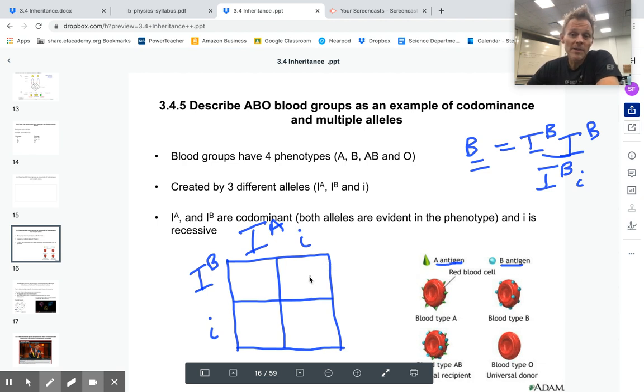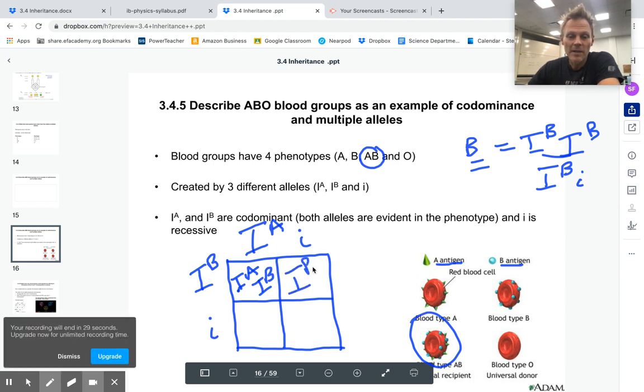And then we cross them. I didn't make the boxes big. So this cross would result in this genotype, A B. That's our example of codominance, because they're both expressed, as we saw down here. And then a B and an i, that's the genotype.